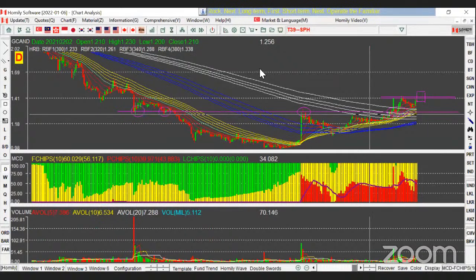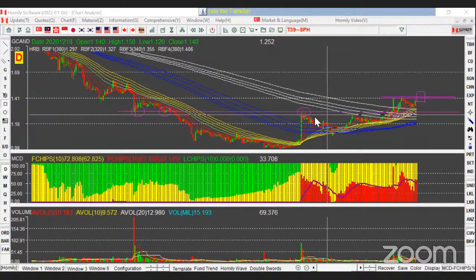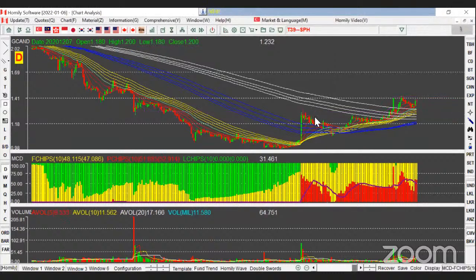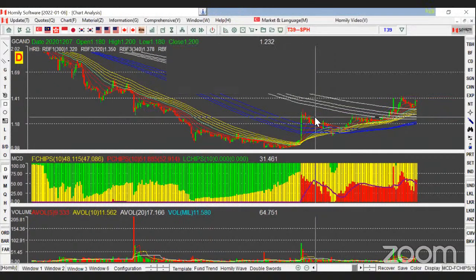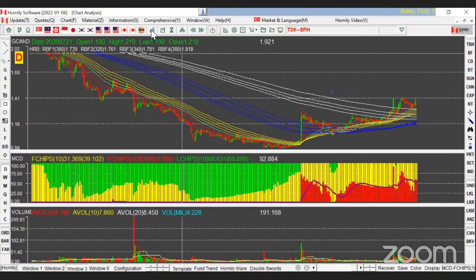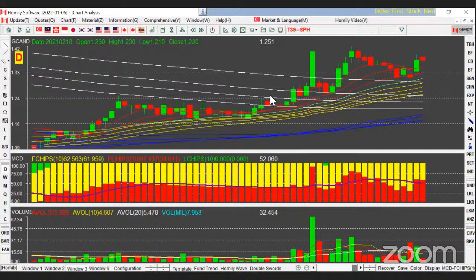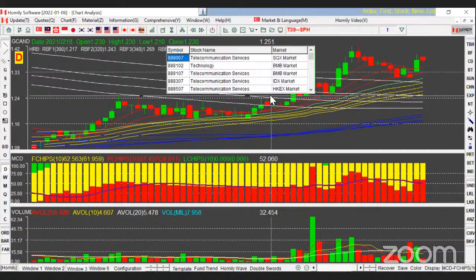Okay, so some people mentioned Capital Land. We can also check Capital Land, because today is the hot spot for Capital Land as we have the news. C31, restructuring.